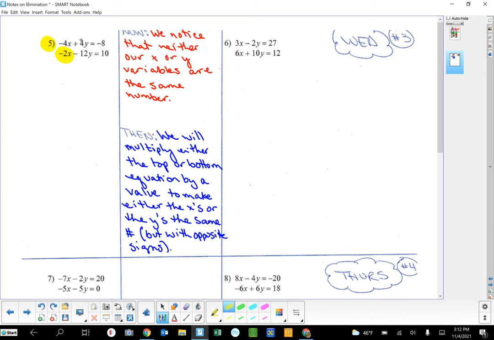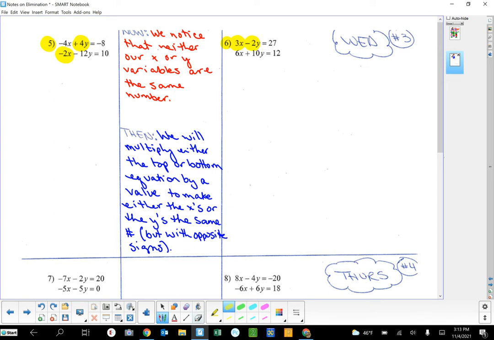Or I can take my 4 and multiply it by a 3 and make it become a 12. So you can do either one of those things, totally up to you. If I take a look at problem 6, I can take the 3 and multiply it by a 2 and make it equal a 6. Or I can take the 2 and multiply it by a 5 and make it become a 10.